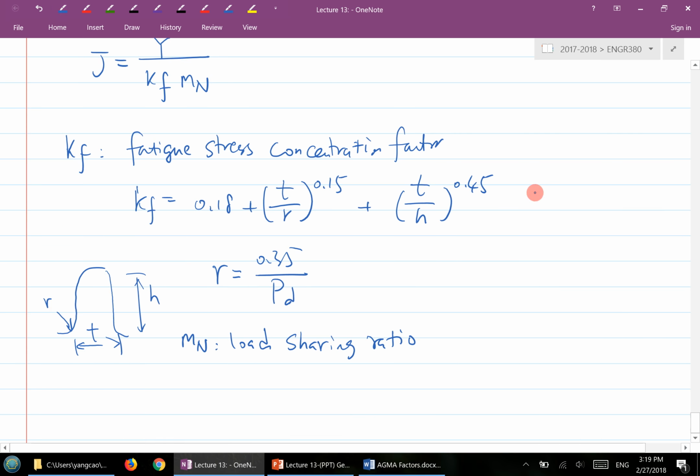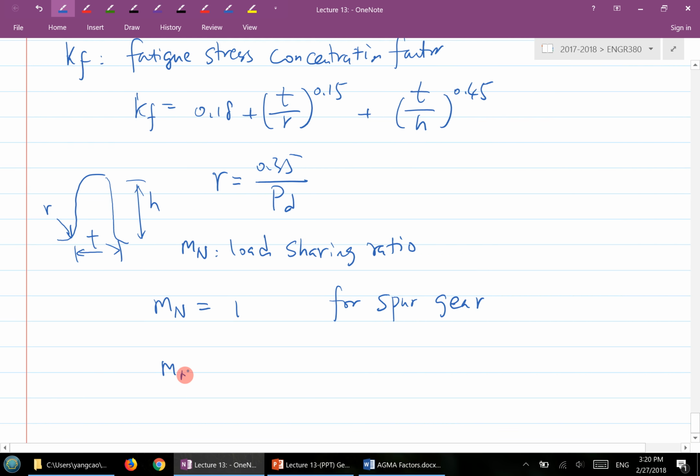For spur gear, you take it as 1. If you're designing for helical gear, it's a little bit complicated, but it's taken as this formula here. So this is for helical gear.